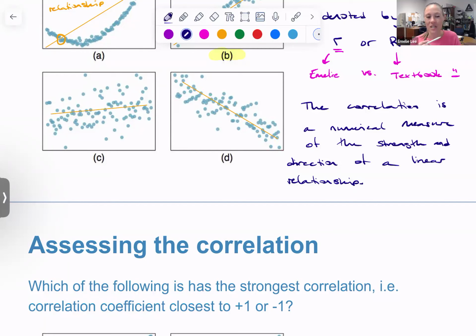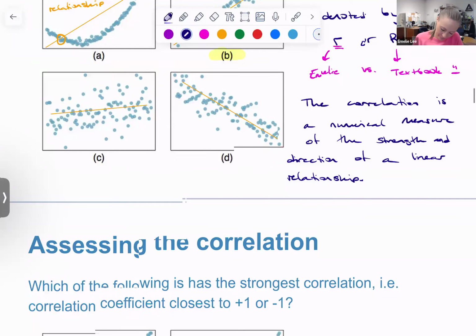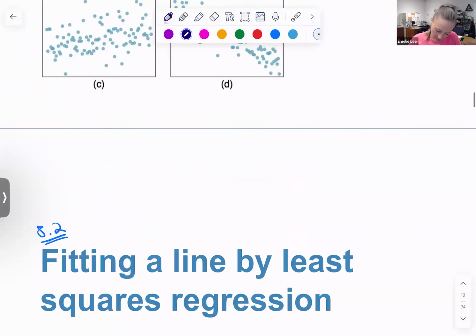And so the correlation does the same thing, right? We talked about whether it was linear or nonlinear, and we're not going to touch nonlinear. And so if it's linear, then I have this numerical measure of the strength and the direction, positive or negative, in the correlation. So that's nice.